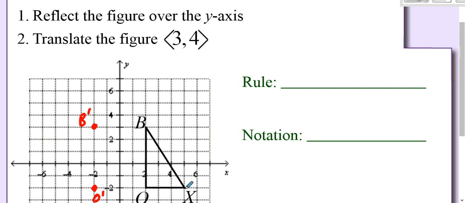Now you take the pre-image X, it's 5 to the right. So when you reflect it over, it goes 5 to the left. Call it X prime. So there's our first step.